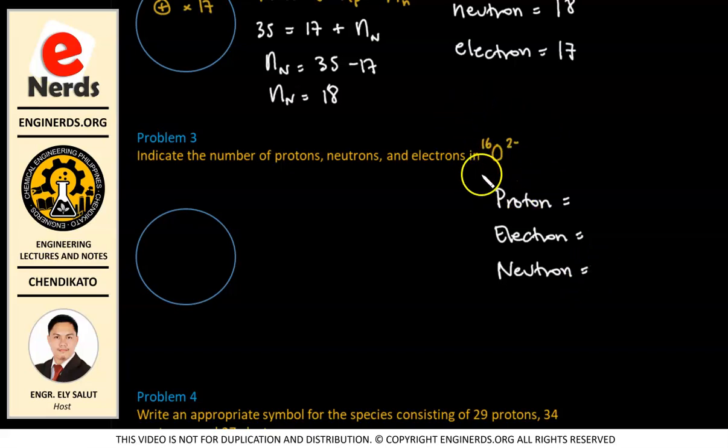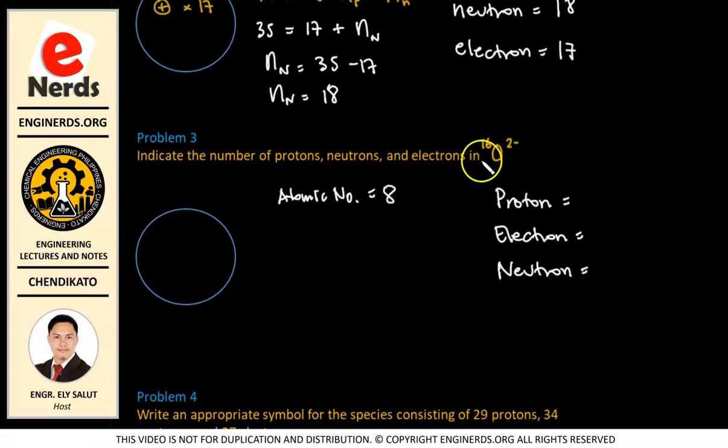Okay, so sometimes the atomic number is not written on our subscript because this is already given. You can find this in the periodic table. If you look at the periodic table, you will find that oxygen has an atomic number of 8.